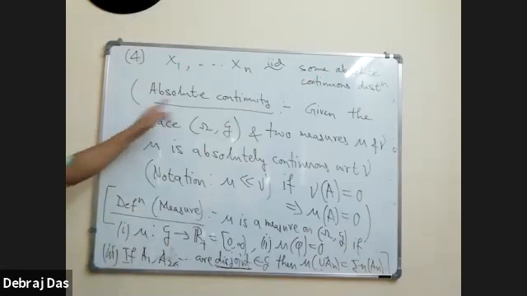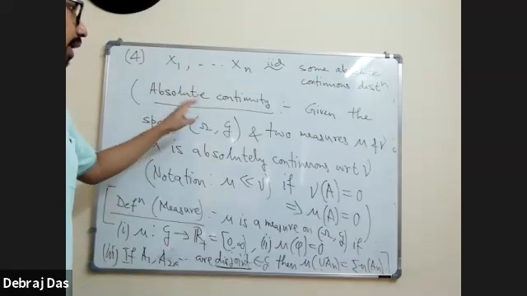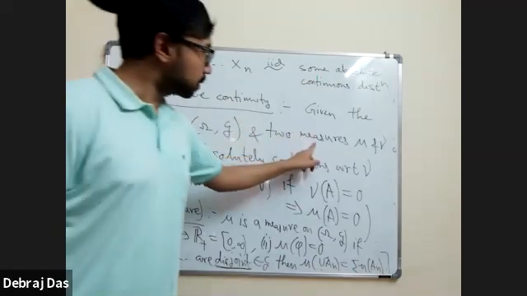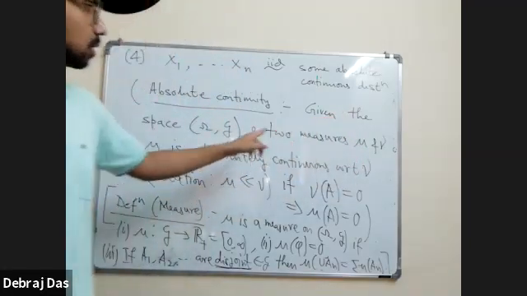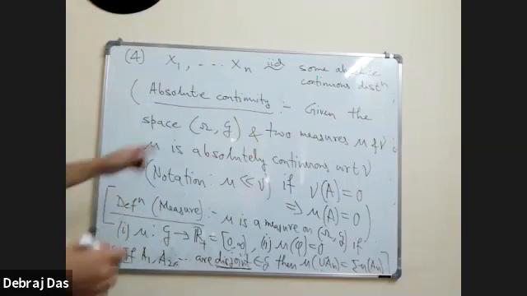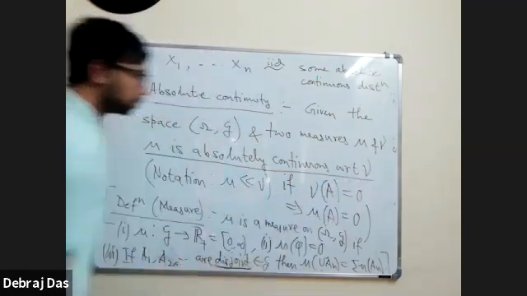Now I am saying that absolute continuity is not between two measures. Actually, absolute continuity is of a measure with respect to another measure. So here mu is absolutely continuous with respect to nu. This is important: absolute continuity is directional. If mu is absolutely continuous with respect to nu, it may not be true that nu is absolutely continuous with respect to mu.